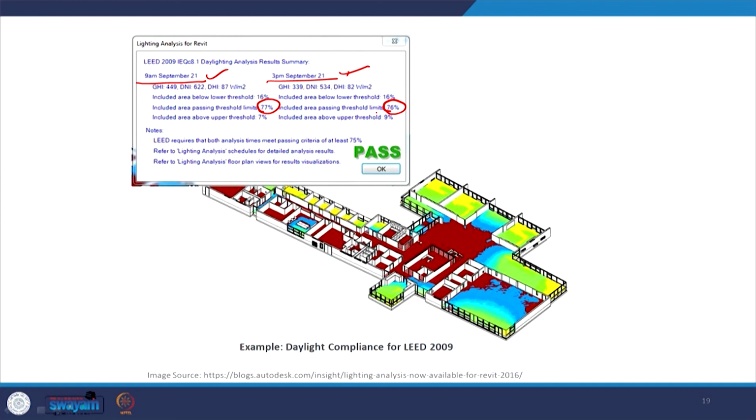So, if it has crossed 75%, this building design is eligible for earning a credit for daylight compliance. So, when we have to show the daylight compliance, each window in the building will be considered and the floor area which will be sufficiently daylit will be calculated and the compliance be shown.